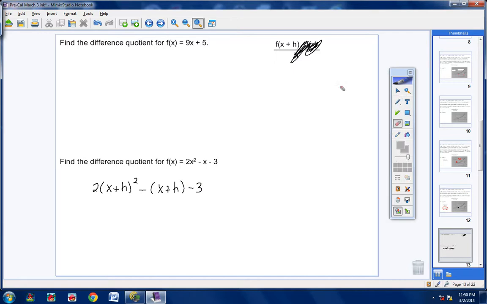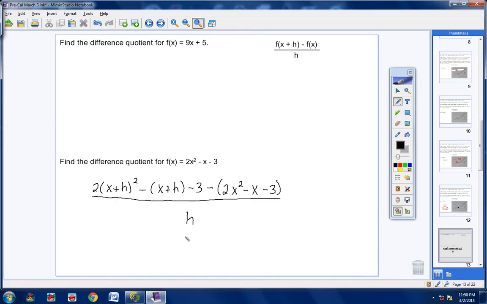Very good. Now the rest of the formula says minus f of x. So minus, and then put a parentheses, and here's your f of x right here, that whole expression. And that's your minus f of x, and that's all over h.